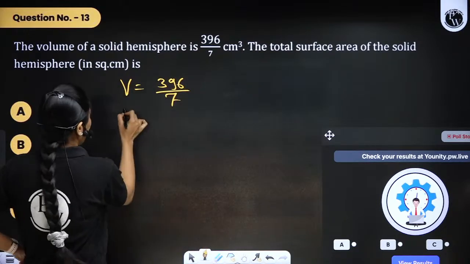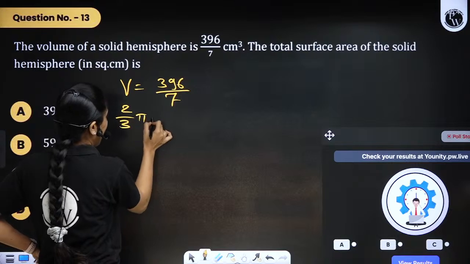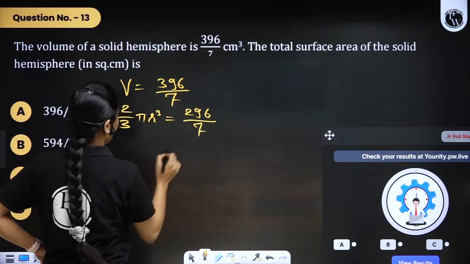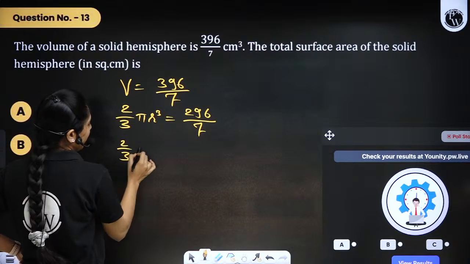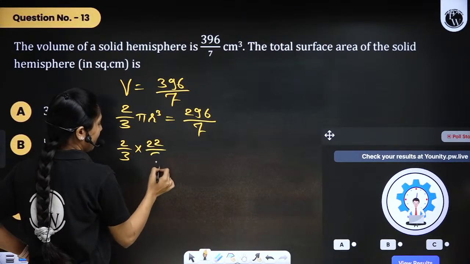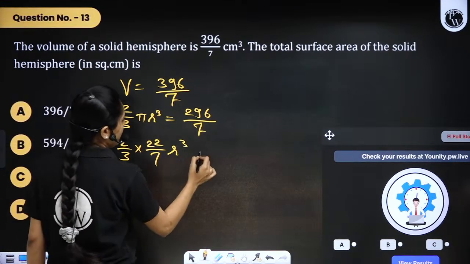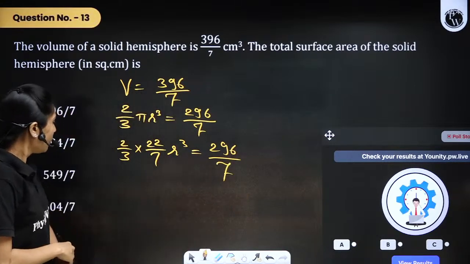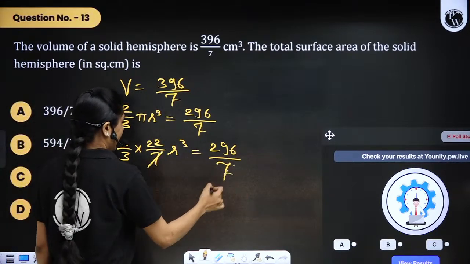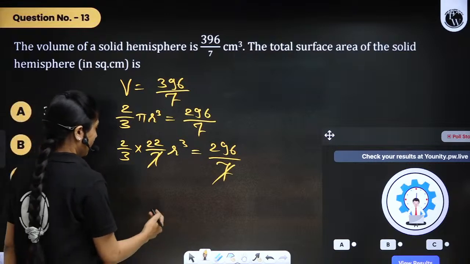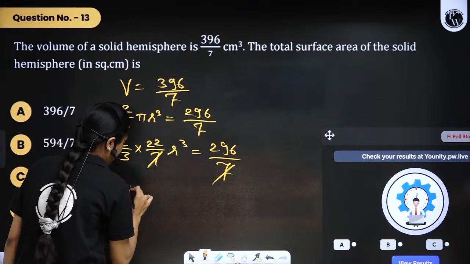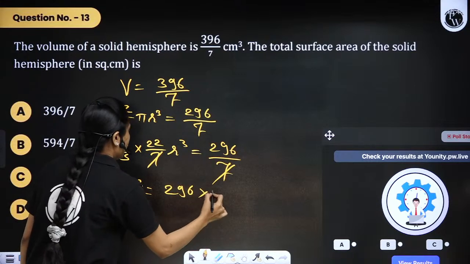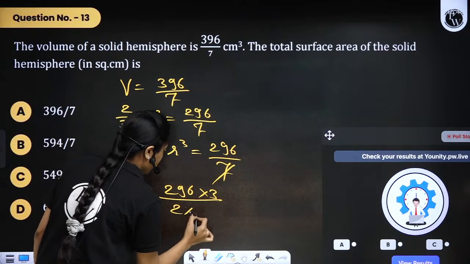It's 2 by 3 pi r cube equals 296 by 7. So it is 2 by 3 into 22 by 7 r cube is equal to 296 by 7. So 7 and 7 will get cancelled. Also, if we shift it here, r cube is equal to 296 into 3 upon 2 into 22.